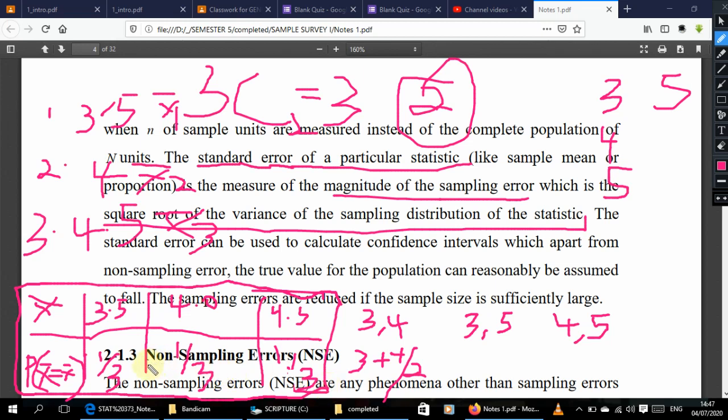Now you can find the variance of this distribution. Remember, to find the variance you first find the first moment and second moment. The variance you get, when you take the square root, will be the standard error.